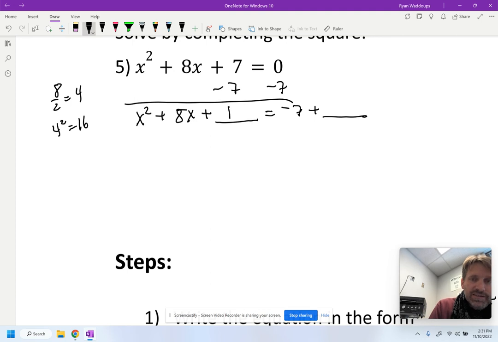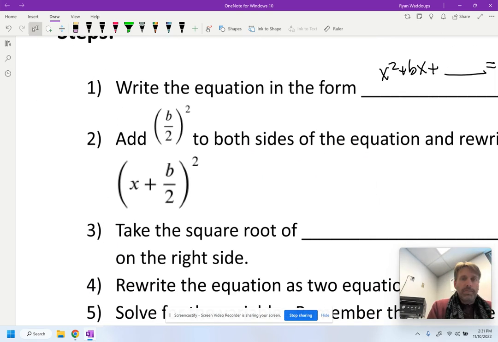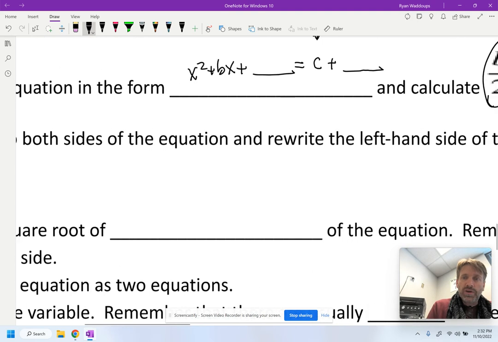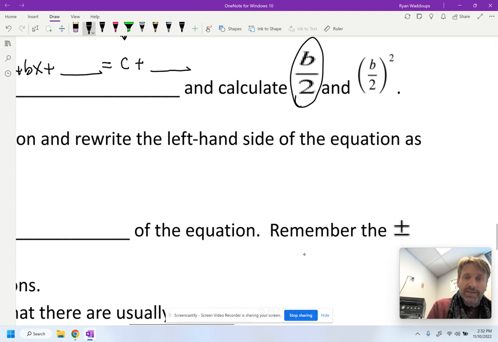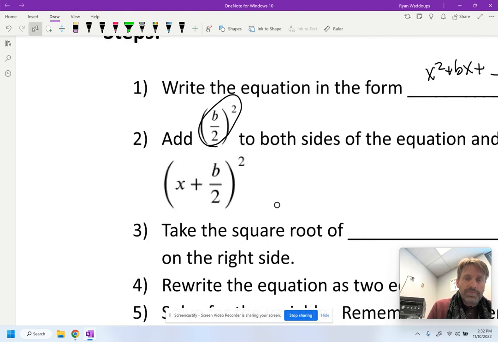And we add that 16 to both sides. What is that step? It's add b divided by 2 squared to both sides of the equation and rewrite the left-hand side of the equation as x plus b over 2 squared.